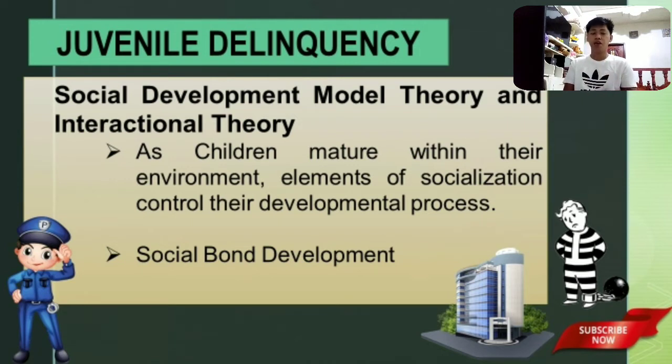That behavior could be law-abiding behavior, which is in obedience with the law, or delinquent behavior, such as juvenile delinquency and the like. So what developmental theory is pointing at is that these different life experiences bring about the character or the behavior of one person.